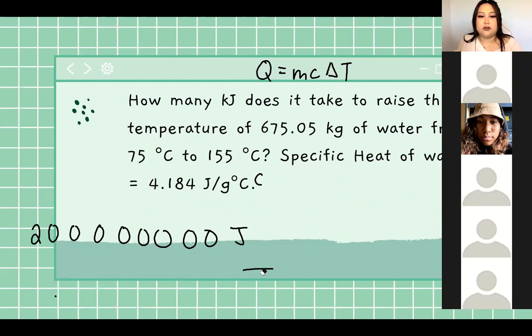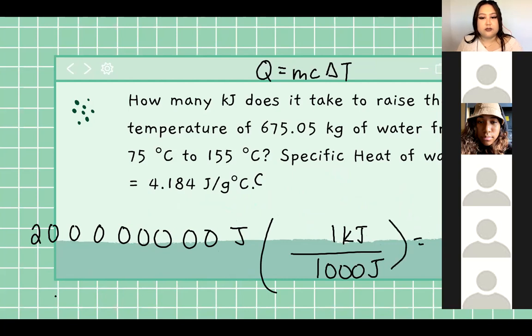Would we technically be able to do the sig figs after we converted to kilojoules, or would that be incorrect if we did it that way? Oh, you can do it after the conversion. I think it would be the same thing. Okay, cool. Thank you.